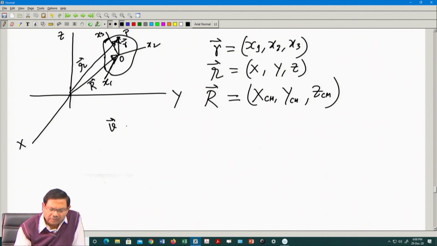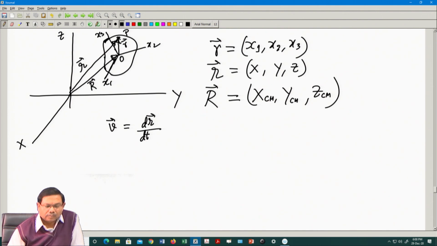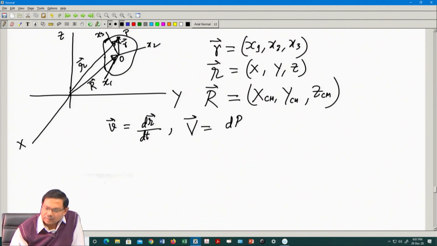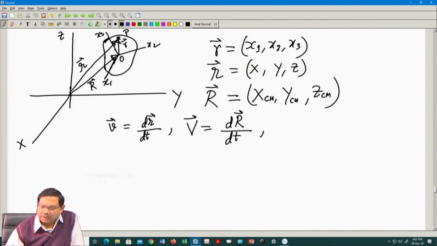This v is the velocity of the arbitrarily chosen point P with respect to the fixed frame of reference, and uppercase V is the velocity of the center of mass, and there is some omega which is d phi dt.